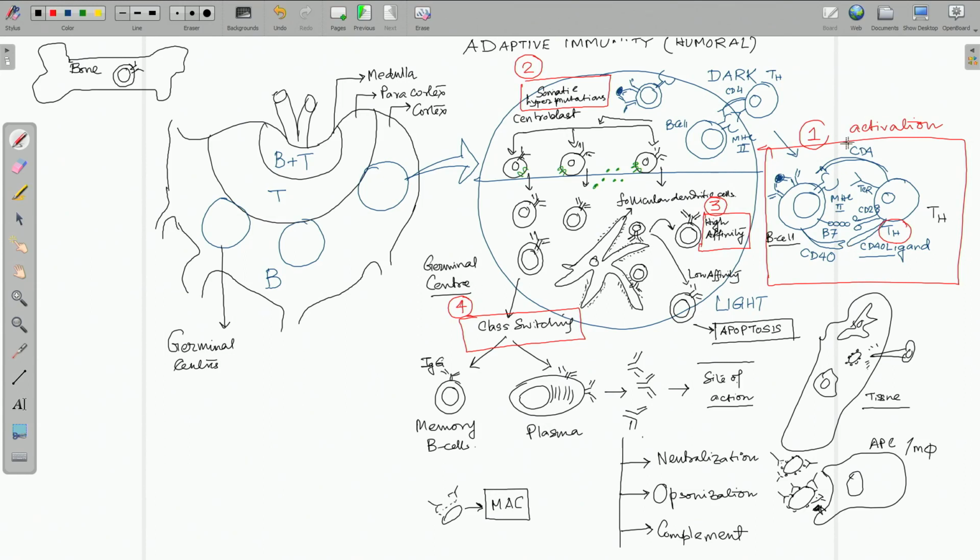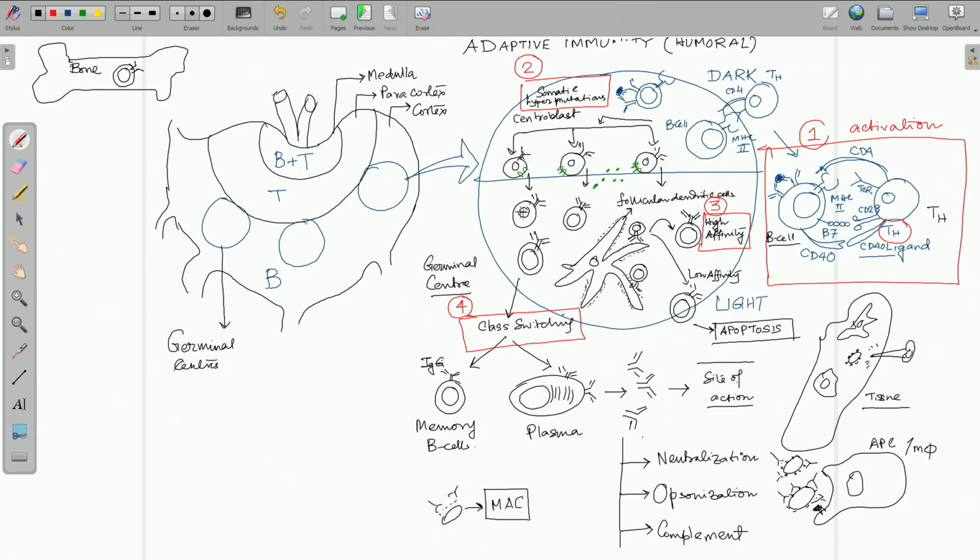So, this is the first step, the activation of the B cells, which occurs in the dark zone assisted by the T helper cell. Then it leads to somatic hypermutations in the B cell, leading to the proliferation of the B cell. So, you have different centroblasts.